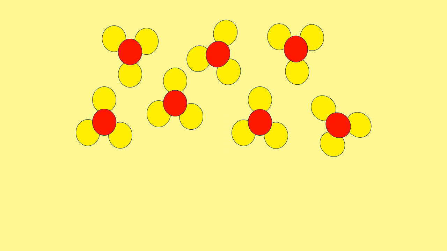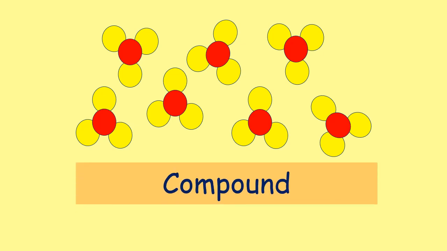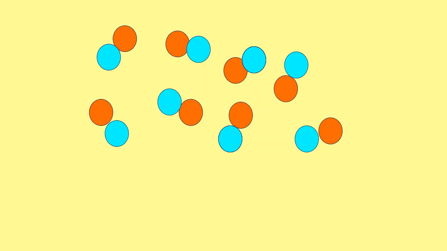What about this one? Is that an element or a compound? That one is a compound because we've got two types of atom chemically joined, the reddy orange one and the yellow one. What about this one? Is that an element or a compound?